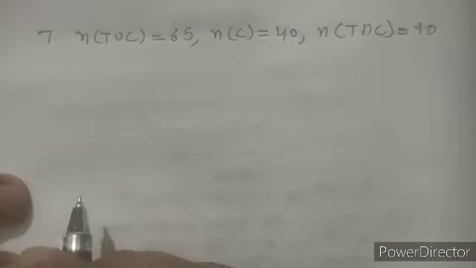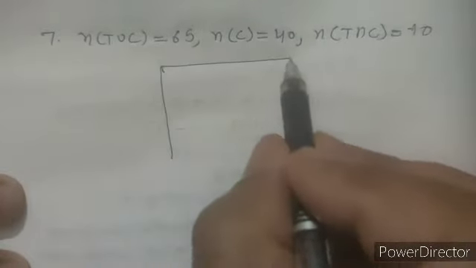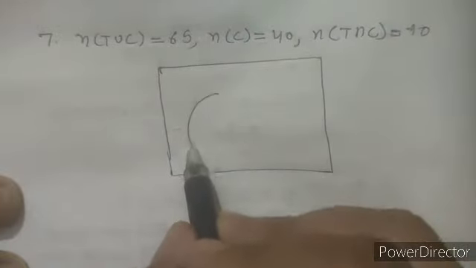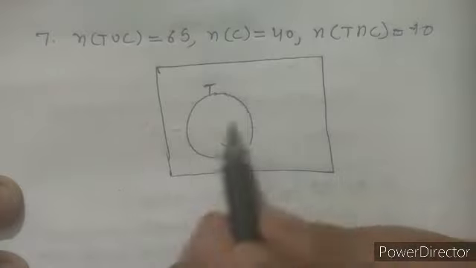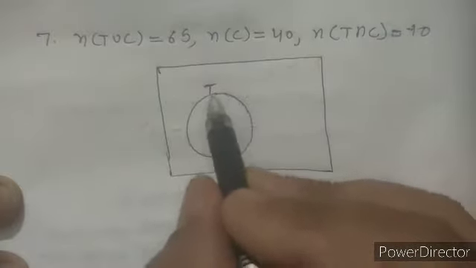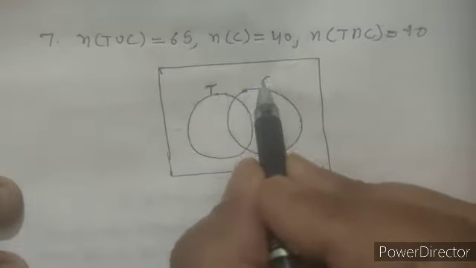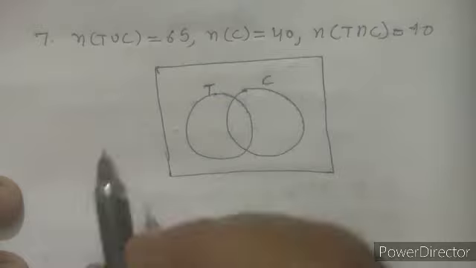Now these questions can also be done with the help of a Venn diagram. Suppose this circle represents the set of the people who like tennis, and C represents the set of the people who like cricket.